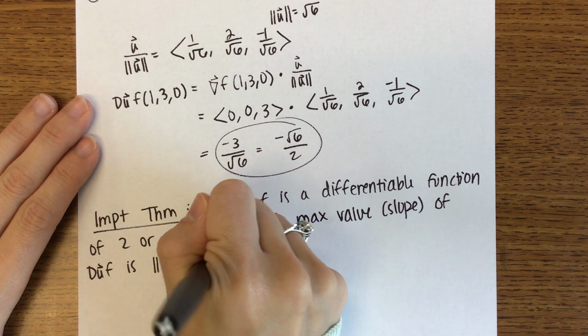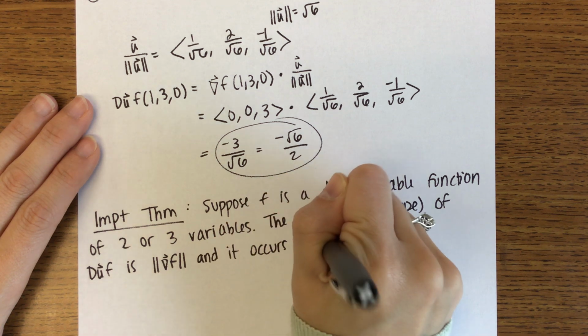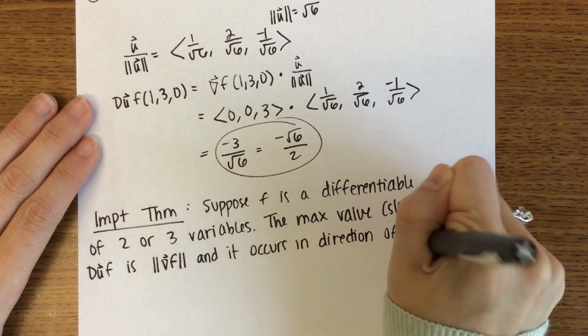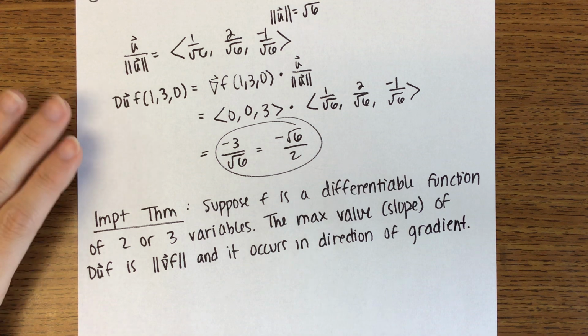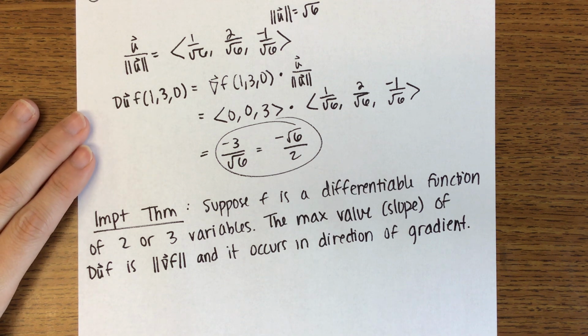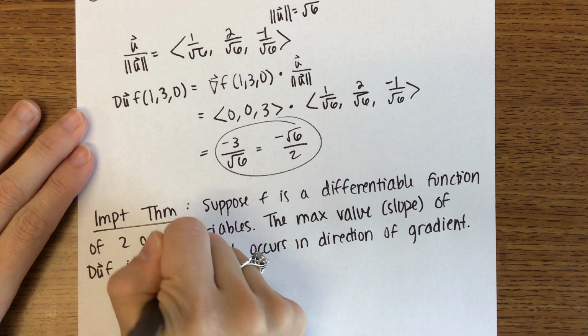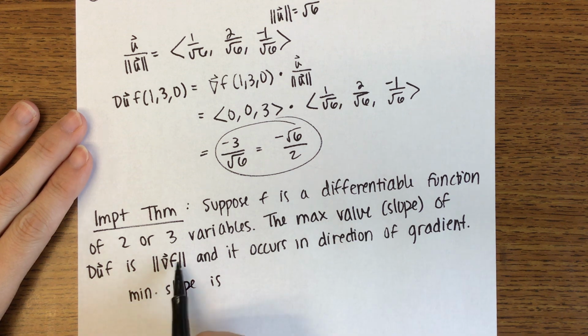And it occurs in the direction of the gradient. The minimum slope is going to be the norm of the gradient, but the opposite value.